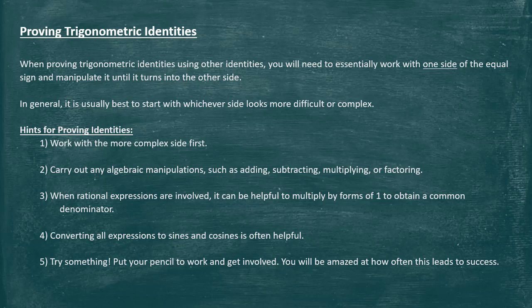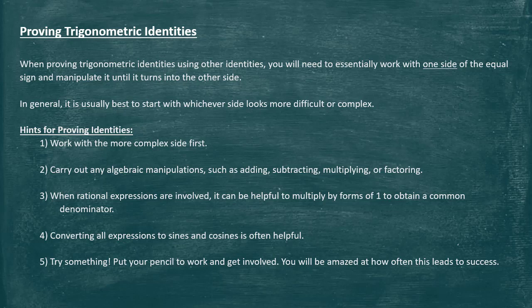But as far as other approaches, other than just working with the most complex side, sometimes it would be beneficial to try factoring or multiplying out a pair of parentheses, one way or the other. Or sometimes if there are like terms that you can add or subtract with one another, by all means start with doing that.